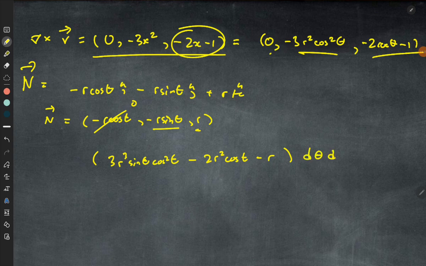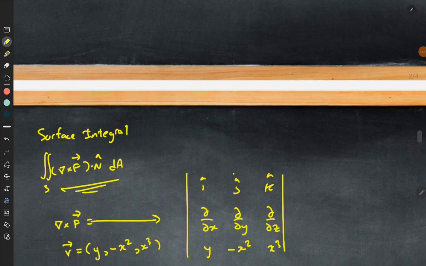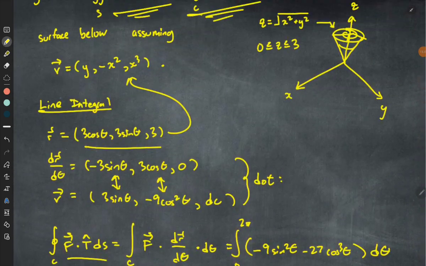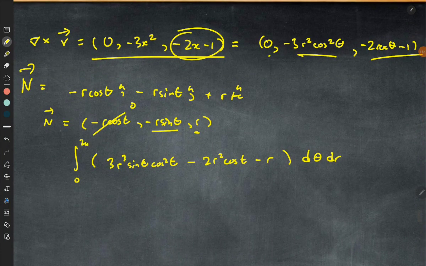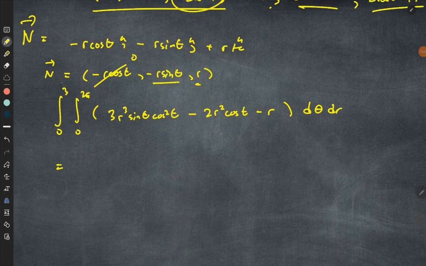Okay. Seems like an ugly integral. So theta goes from 0 to 2 pi, and r goes from 0 to 3. Now let's look at this function here. Sine theta cos squared theta integrates to negative cos cubed theta divided by 3.